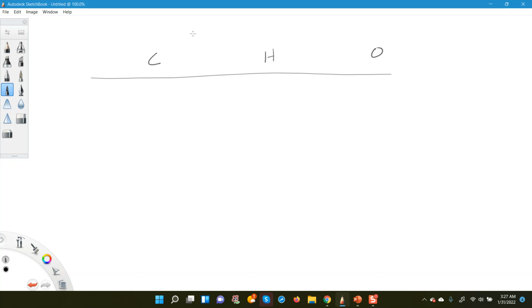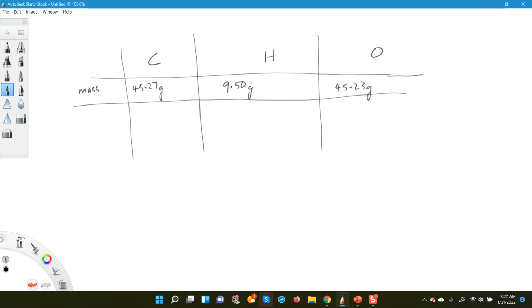And again, we assume 100 grams of the substance, which means the percentages will also be the masses in grams of each element for 100 grams of the compound. So the first row would be the masses: for carbon 45.27 grams, for hydrogen 9.50 grams, for oxygen 45.23 grams. And we go through the steps as we did in the previous example.